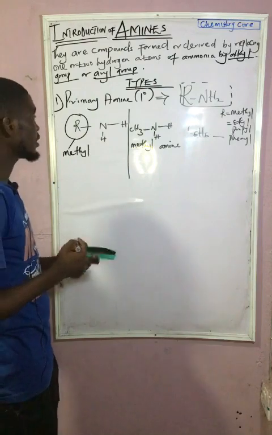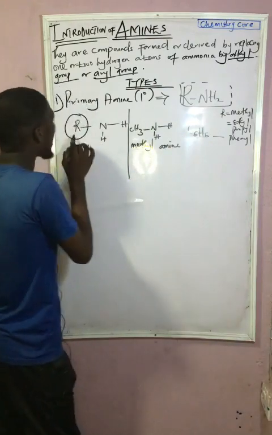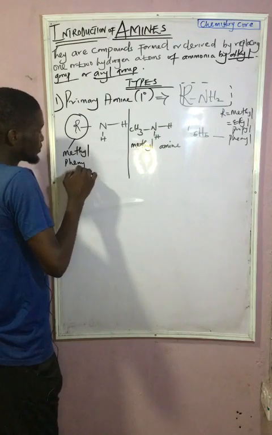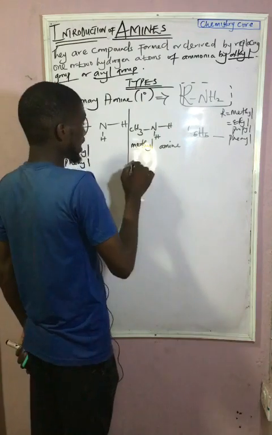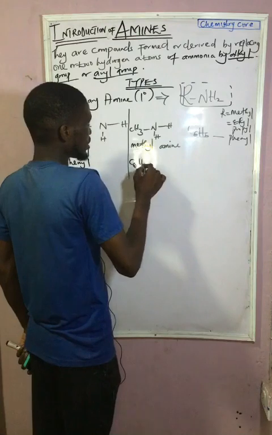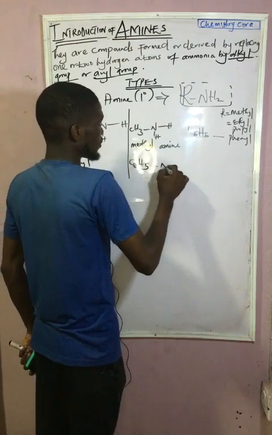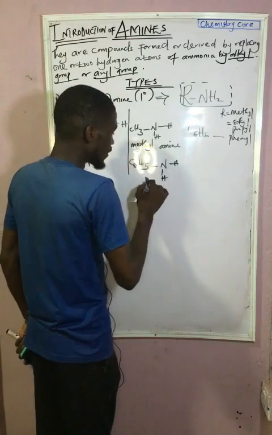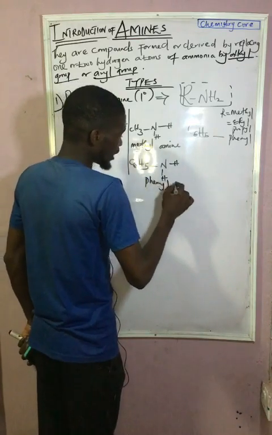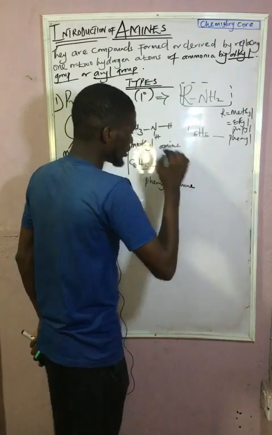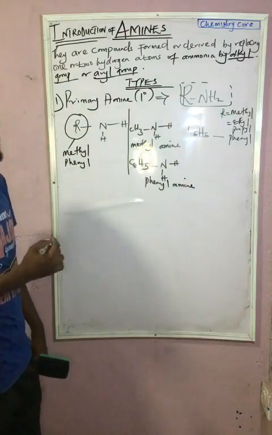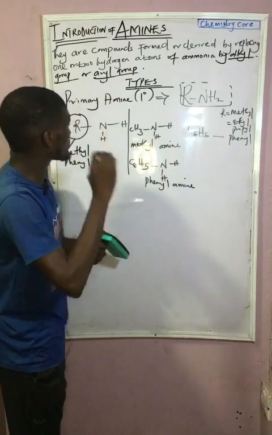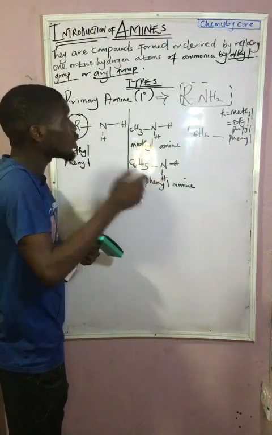Is that clear? So if we are to replace this our R also with phenyl, we have C6H5. This one is called phenylamine. Is that clear?